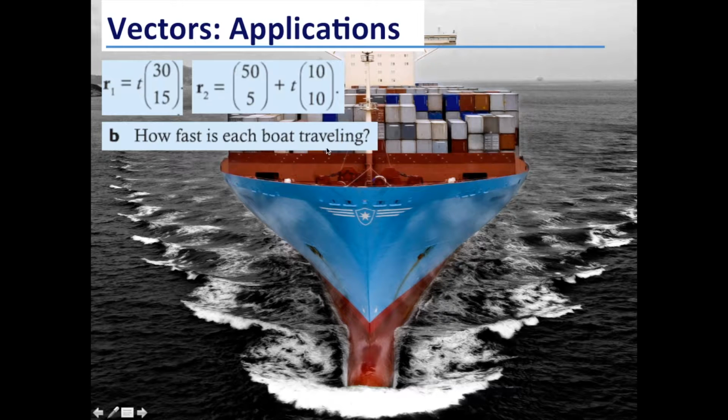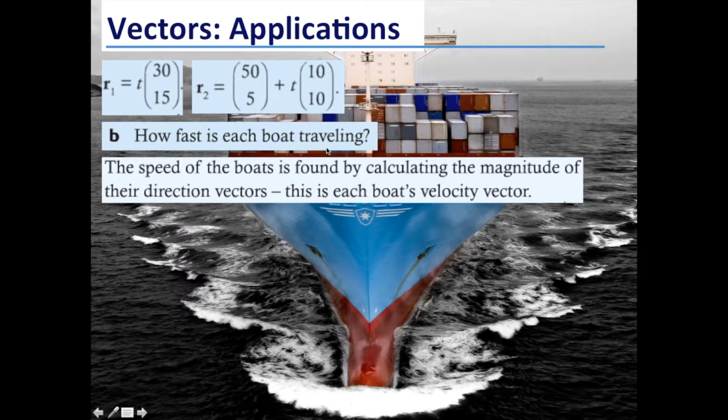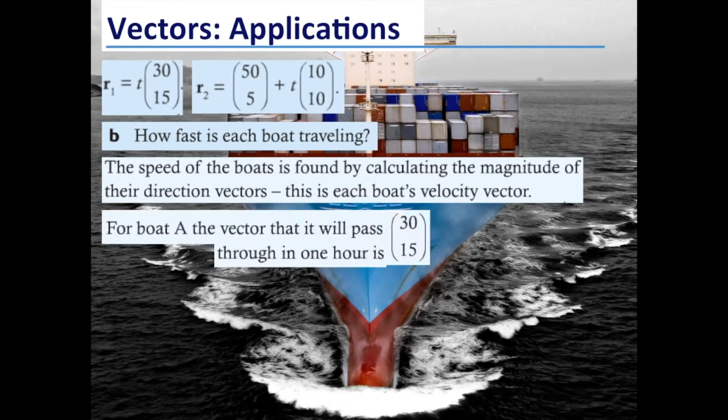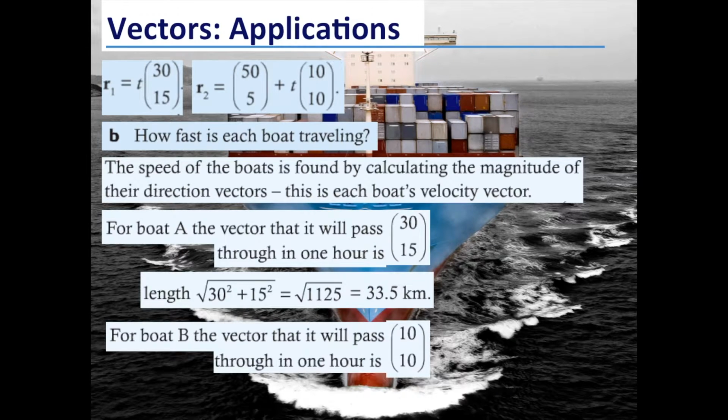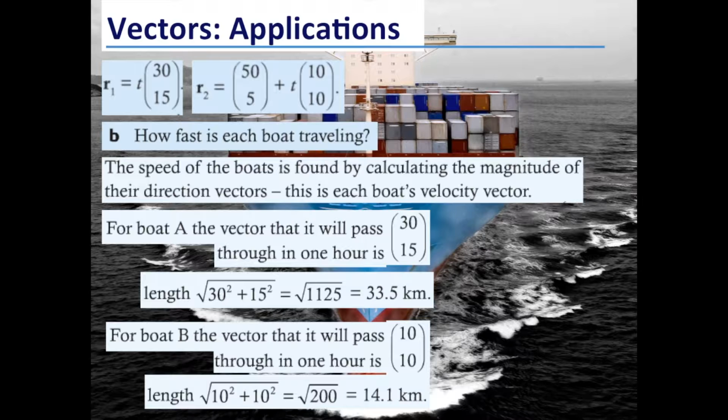We need to find the magnitude of the direction vector, and that will give us the velocity. So for boat A with direction vector (30, 15), the magnitude gives us 33.5 kilometers per hour, and for boat B, using the same process, the magnitude of the velocity is 14.1 kilometers per hour.